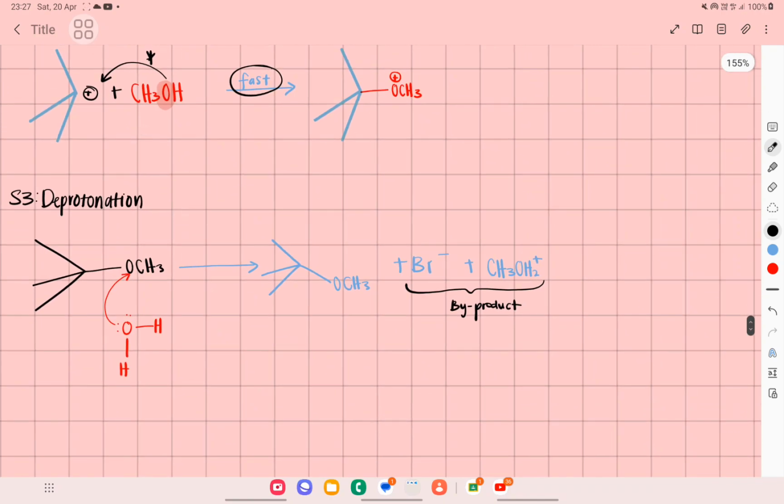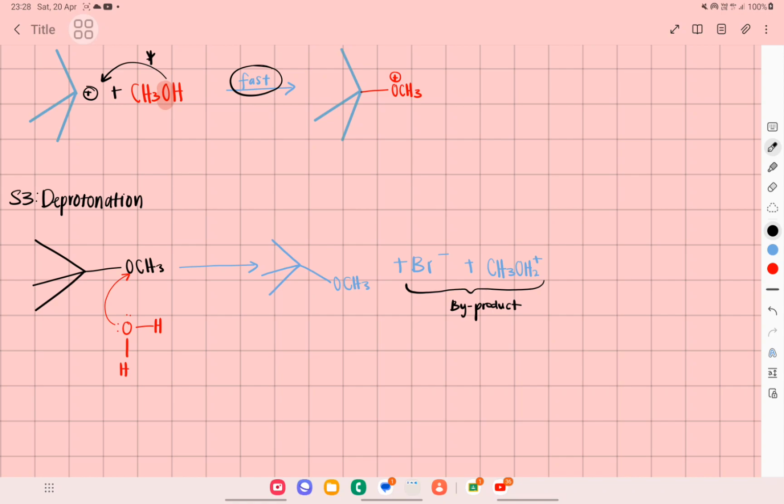In the last step, which is the deprotonation, the protonated methanol will be highly unstable due to the positive charge on the O atom, and will lose a proton, the H atom, to a neighboring methanol molecule.